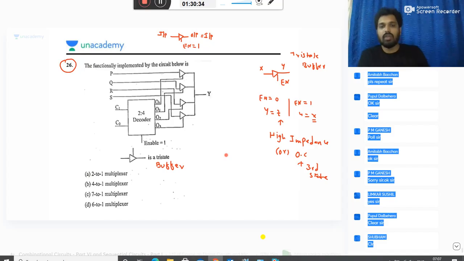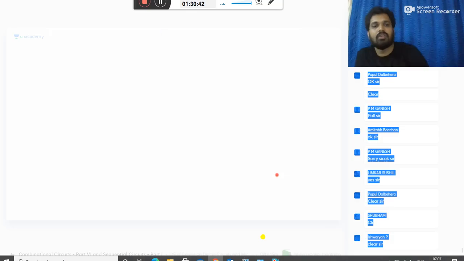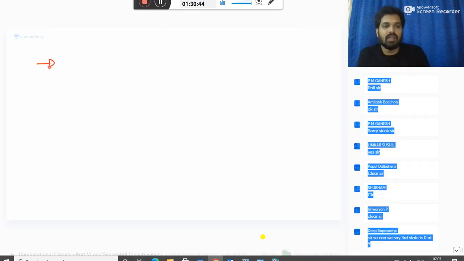Okay. Different tri-state buffers are possible. Let me write, because anyway it came. It can be like this, it can be like this also.